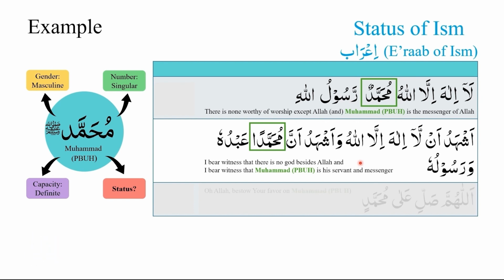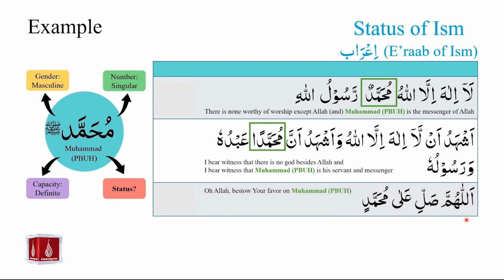Finally, we have the example Allahumma salli ala Muhammadin. Here we have the Ism Muhammadin. Muhammadin is also used for the same person, that is, Prophet Muhammad, peace be upon him. So in the example of Muhammadun, we are saying there is none worthy of worship except Allah, and Muhammad, peace be upon him, is the messenger of Allah.